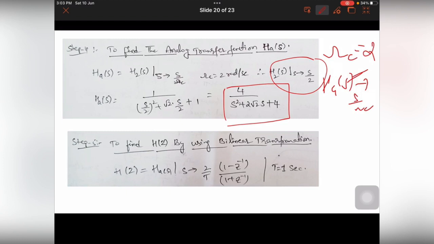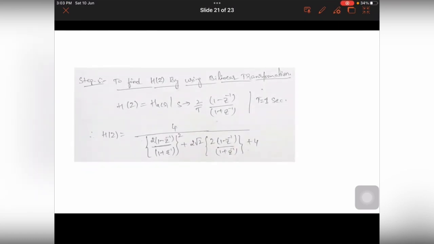To find H of z by using bilinear transformation, H of z is equal to H of s, where s is replaced by 2 by T into 1 minus z inverse divided by 1 plus z inverse. The value of T is equal to 1 second. So wherever s is there, replace it with 2 by T into 1 minus z inverse by 1 plus z inverse.